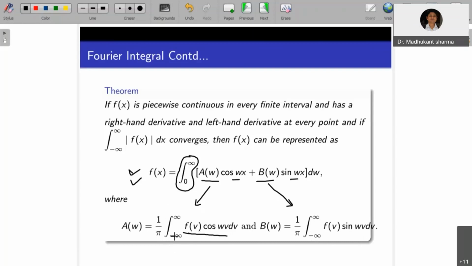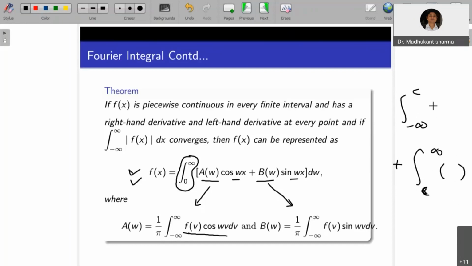For dealing with the improper integral with an infinite limit, you have to divide it into the integral from minus infinity to some point c plus the integral from c to infinity.